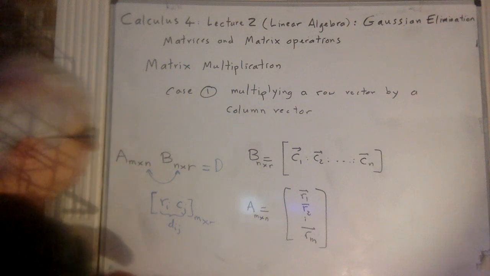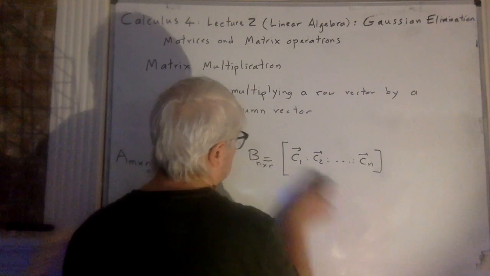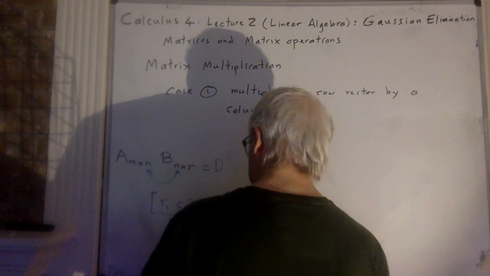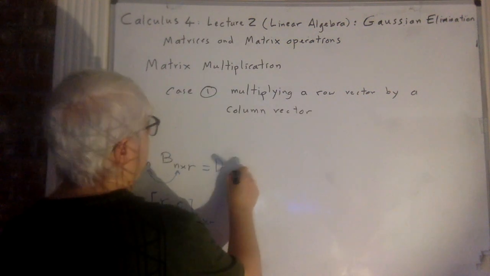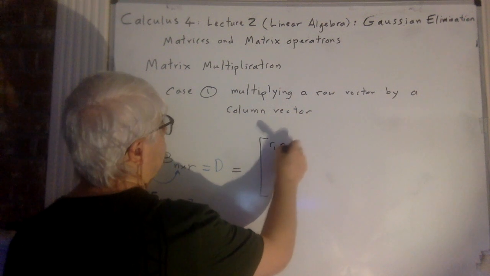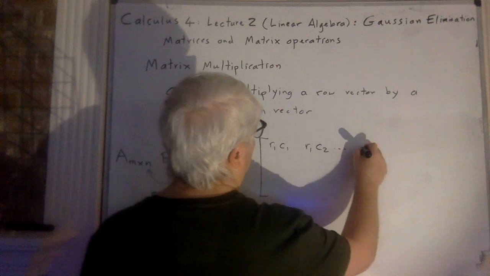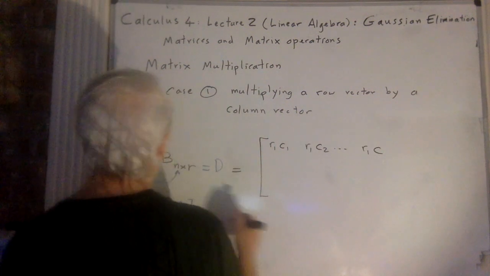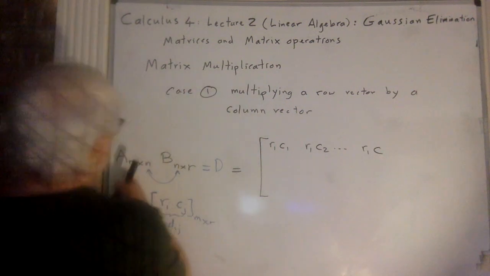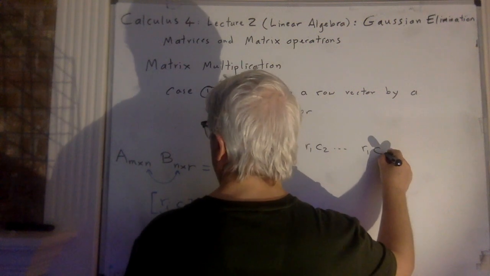So let me write this down more loosely. Expanded version of this. So I have R1, C1, R1, C2, R1, C, how many columns does this one have?